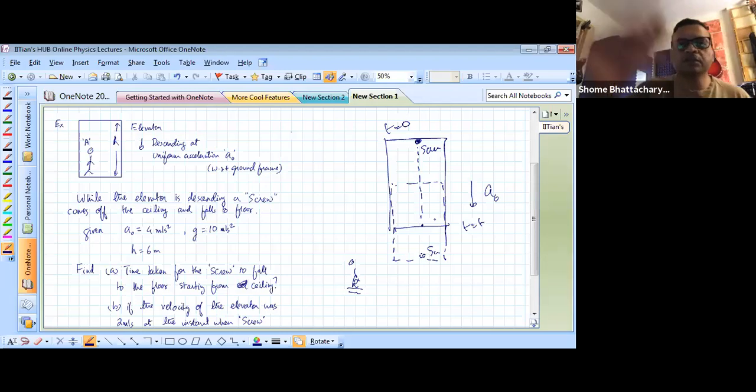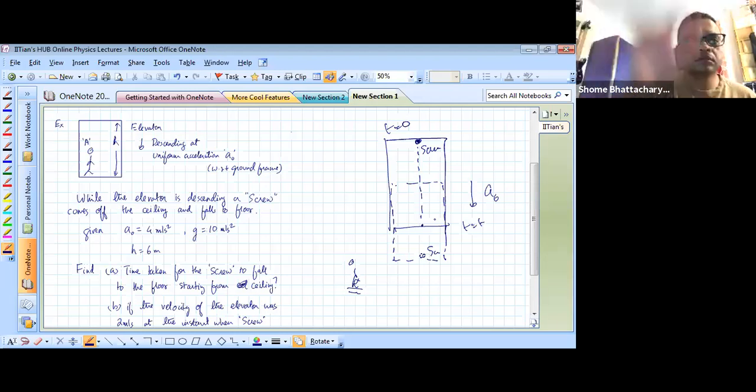So has anybody got the answer to the first part? Yes, in this situation, Parva, correct, distance and displacement will be the same thing.